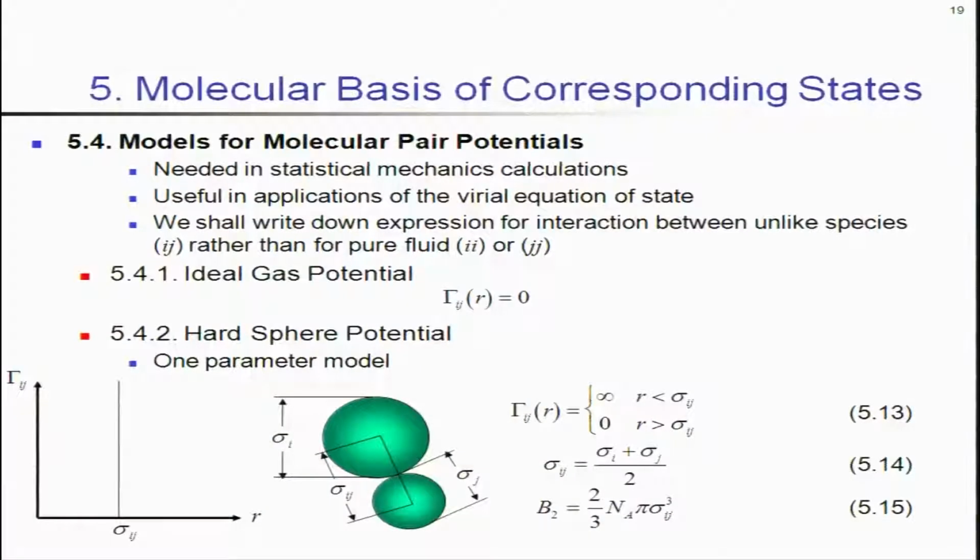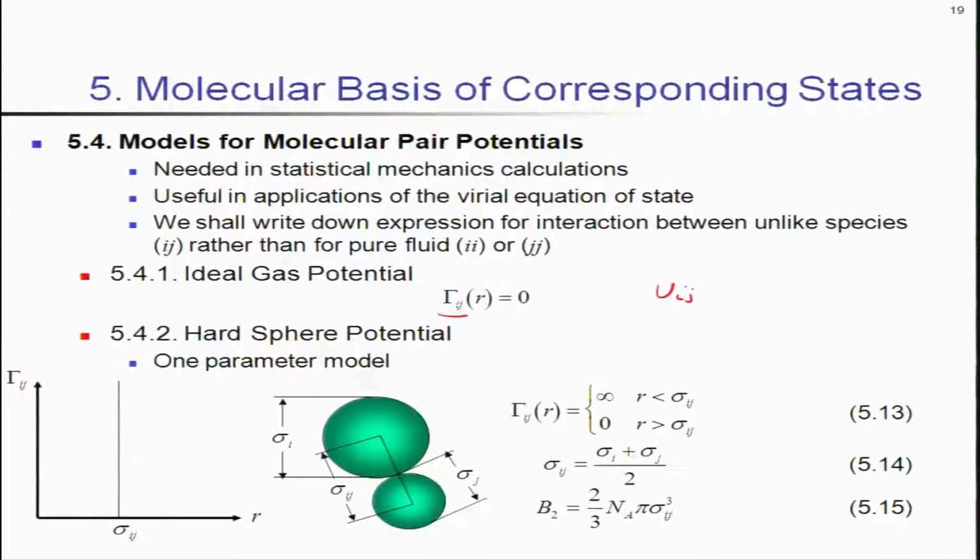Let me write down the expression for a simple model, which is basically the ideal gas potential model. As we already said, we are going to define the potential in general by gamma ij. We could have also used something like uij, but this is used in the text of this particular course, and thus we would stick to this.